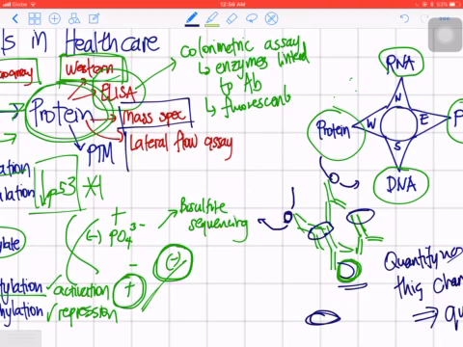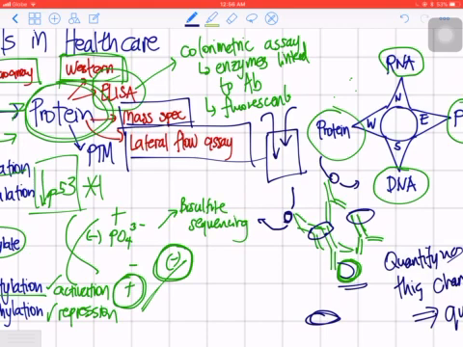You can also have a lateral flow assay. So a lateral flow assay is essentially a strip, okay, that's conjugated with some antibodies and some gold nanoparticles, and you can assess whether a protein is present or not just by putting in some sample.